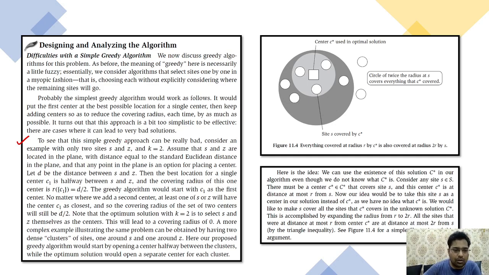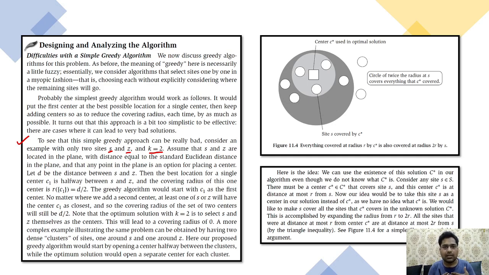Next, the authors have thought of two cities, S and Z, where K represents 2. That means there are two different locations, and K being 2 means we can set up two different centers, two malls, in two different locations, S and Z. K is the number of malls we can build.